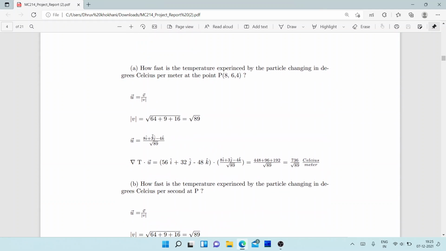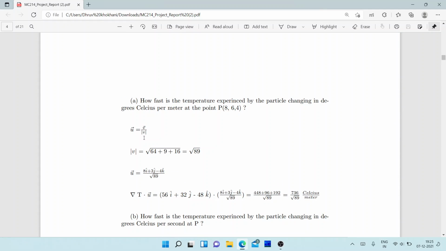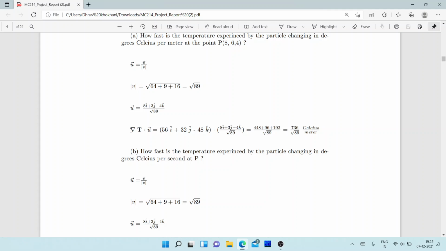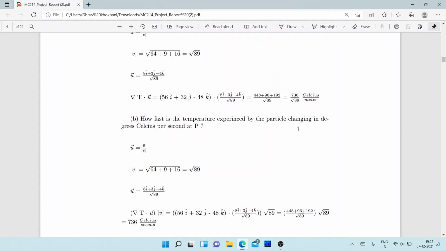So the unit vector u is the velocity vector divided by the magnitude of the velocity vector. The magnitude of the velocity vector is root 89, and we find the gradient of T dot u, which is 736 divided by root 89 Celsius per meter.